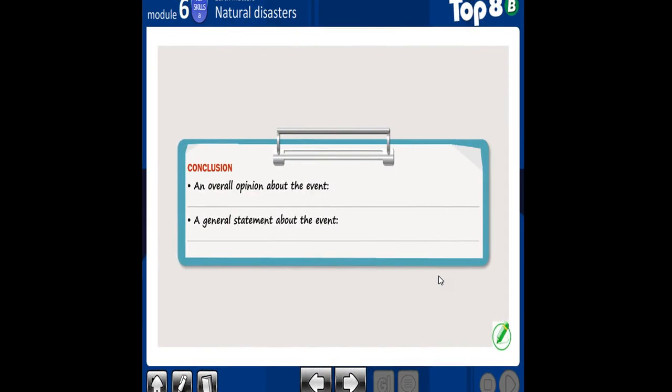And in the last paragraph, the conclusion, you write an overall opinion about the event and a general statement about the event.